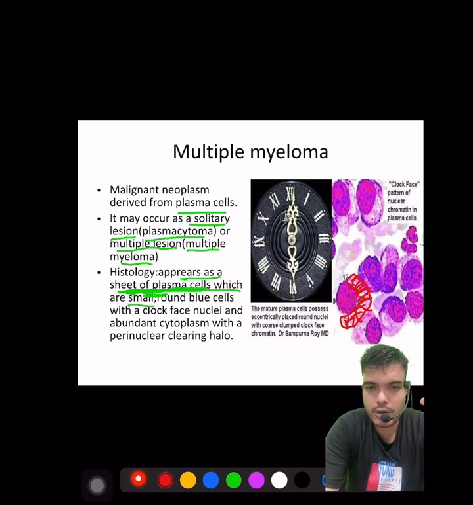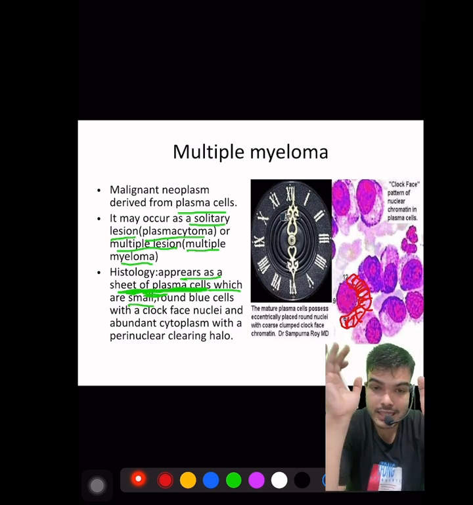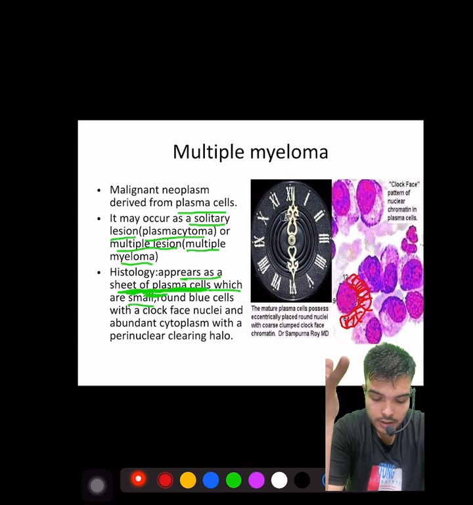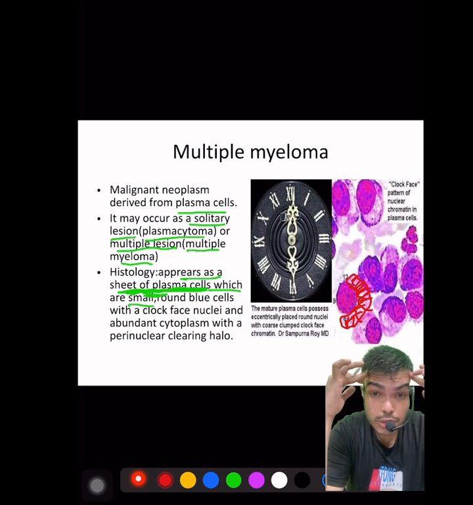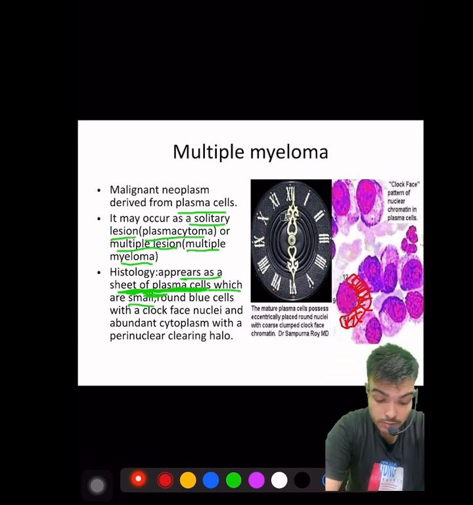There is excessive remodeling. Because of excessive remodeling, there will be hypercalcemia and renal failure. Hypercalcemia may be associated with hypercalciuria, and because of the transfer of Bence Jones protein through the urine, there might be renal failure. We will talk about that certainly.